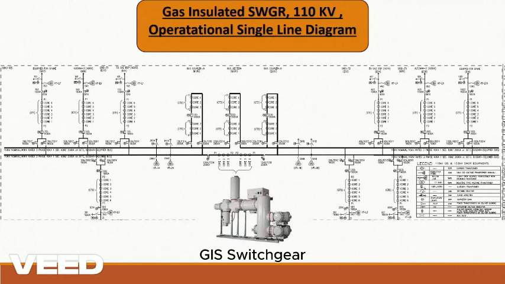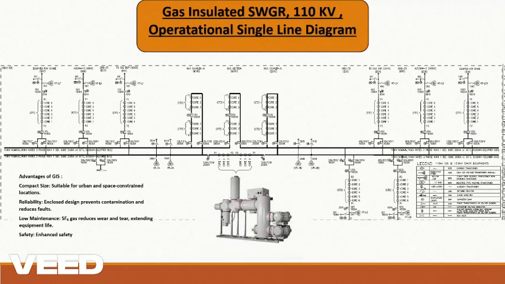Nowadays 90% of the substations are GIS type. Before that it was AIS. The difference between AIS and GIS is the insulation medium. AIS substations need more area, roughly 4 to 5 times more than a GIS substation of the same level.